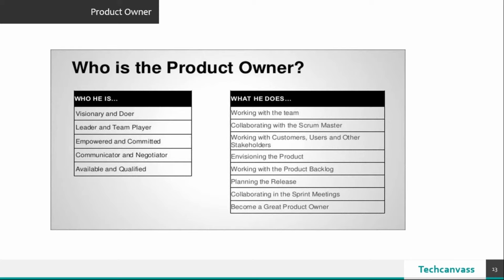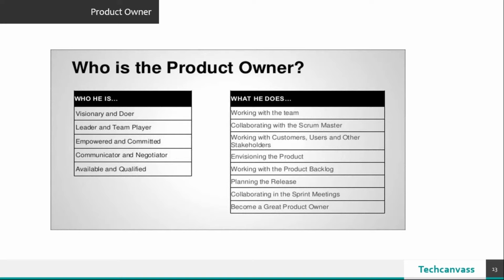So the product owner is constantly collaborating with them to get the proper requirements and to understand what needs to be done. And eventually, he or she is the person who is envisioning the product. So he has a clear vision of what the product should do and why this product needs to be there. That kind of vision is very important.